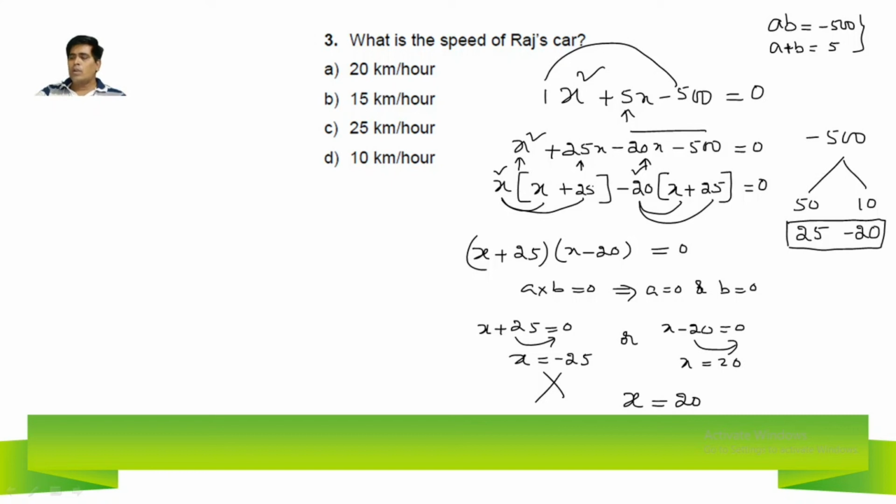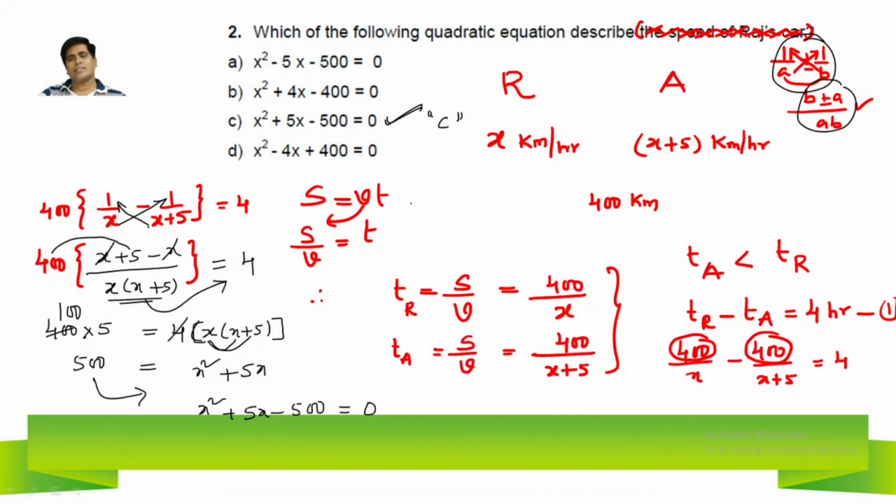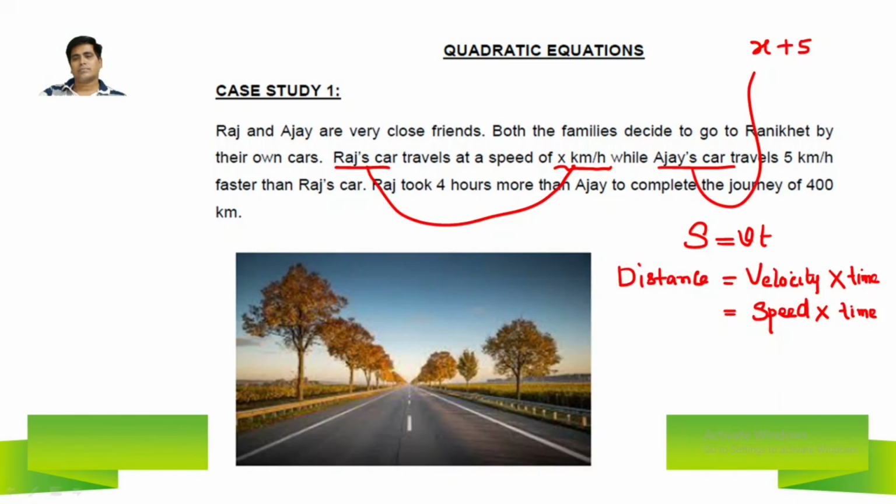So what we have assumed earlier, x is nothing but the speed of Raj's car. Already it is given in the case study also. So Raj's car speed is x kilometers per hour. So we got x as 20 kilometers per hour.